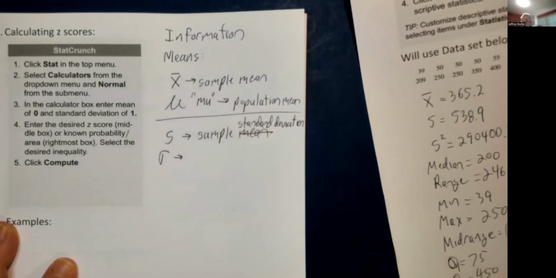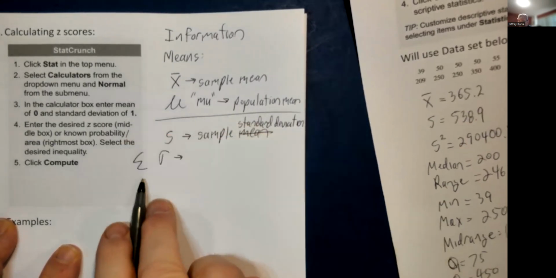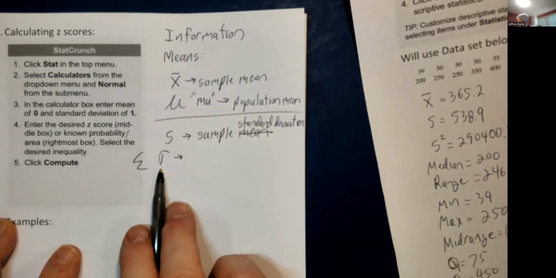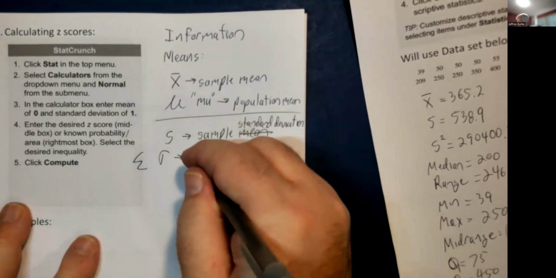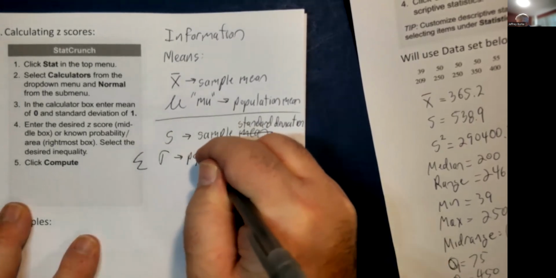The capital sigma looks like an uppercase E, which is used in mathematics, but this is the lowercase sigma, and this is going to be a population.